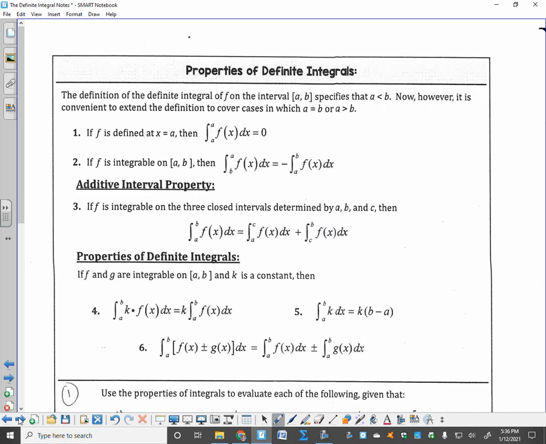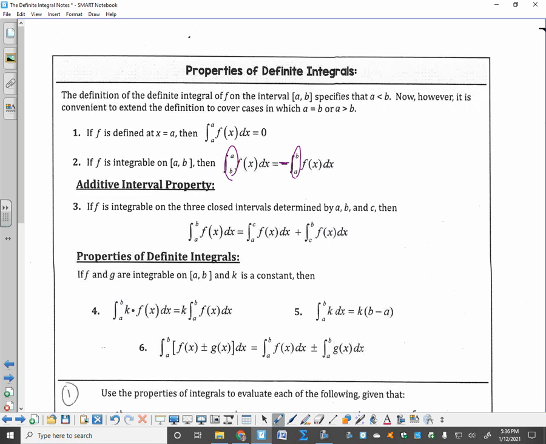So if f is defined at x equals a, then the area from a to a of f of x dx is 0. If f is integrable on the closed interval a to b, then the integral from b to a is negative the integral from a to b.